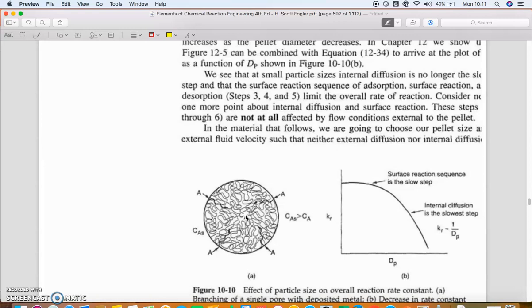The slowest step is the step that we select to derive the rate law, not the fastest step. So in this chapter, we assume that internal and external diffusion, which are step 1 and step 2, and also step 6 and 7 are the fast or rapid steps. The slowest step is either step 4, 5, 6, which is adsorption, surface reaction, and also desorption.